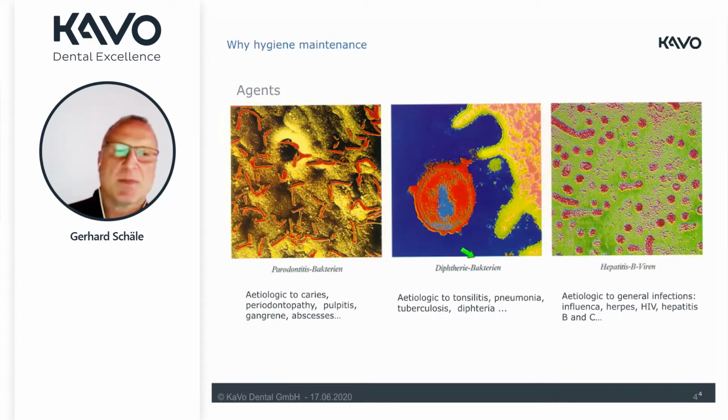So we talk about the periodontic bacteria. We have etiologics to tonsillitis, pneumonia and tuberculosis bacteria, and of course all the etiologics of general infections like influenza, herpes, HIV and so on, which could occur everywhere.